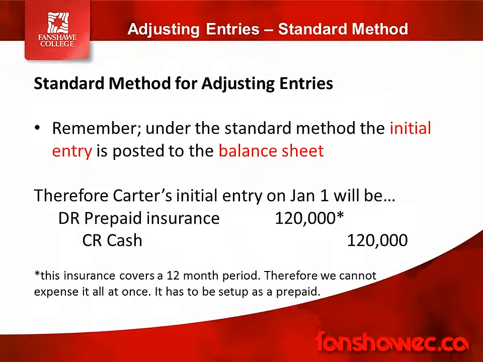We looked at prepaying something, but this could also be someone prepaying us, so having unearned revenue. If someone were to prepay us and we were the insurance company, we would debit cash because they paid us, and we would credit unearned revenue because we haven't provided them with the insurance services. That's how we would set up the initial entry.